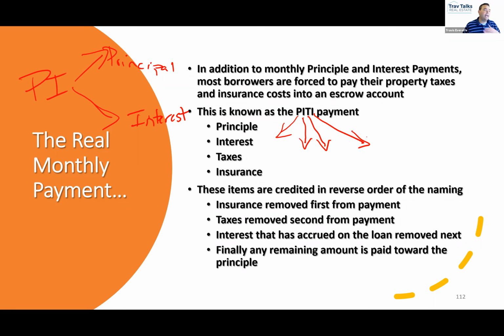The best way to handle this, in my opinion, is to do it in reverse: insurance, taxes, interest, and principal, because I know the principal is always coming out last every single time.